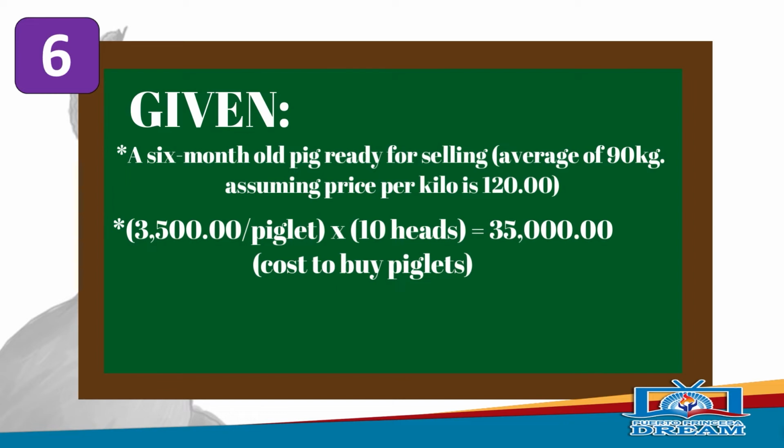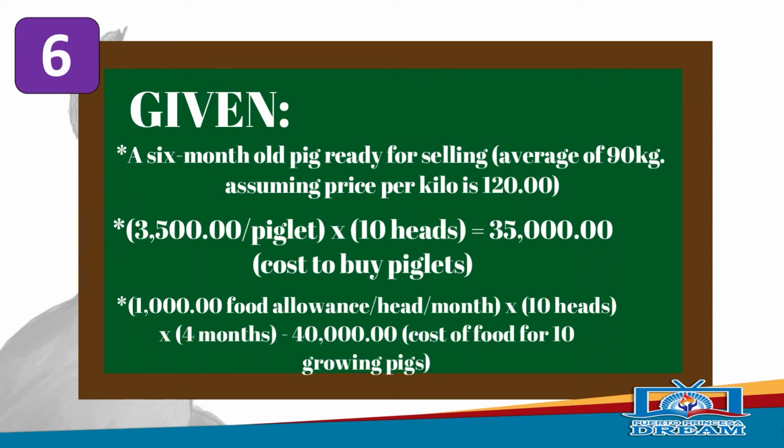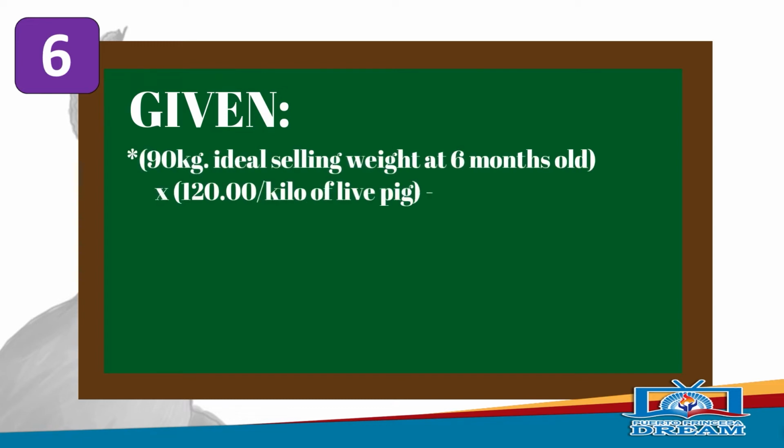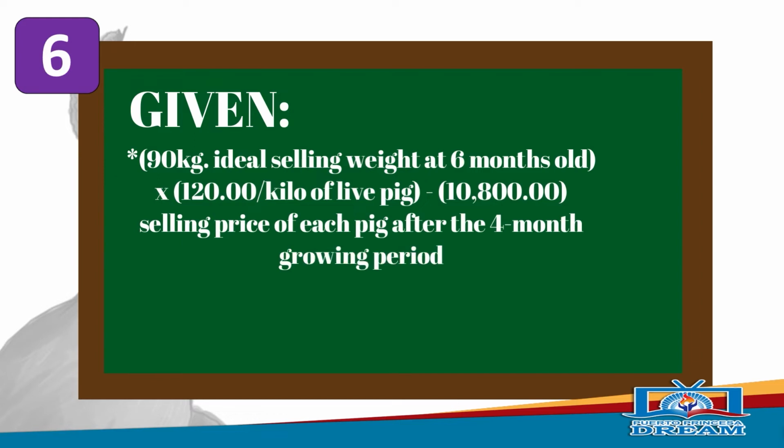So that's the cost to buy piglets. 1,000 food allowance per head per month times 10 heads times 4 months, so that's 40,000 pesos for the cost of food for 10 growing pigs. 90 kg ideal selling weight at 6-month-old times 120 pesos per kilo of live pig. 10,800 pesos, that's the selling price of each pig after the 4-month growing period.